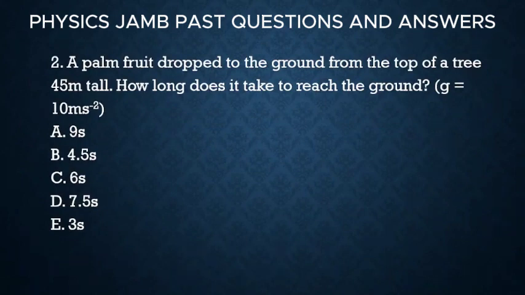Question number 2. A palm fruit dropped to the ground from the top of a tree 45 meters tall. How long does it take to reach the ground? Taking acceleration due to gravity, that's g, equals 10 meters per second squared. The options are A. 9 seconds, B. 4.5 seconds, C. 6 seconds, D. 7.5 seconds, and E. 3 seconds.